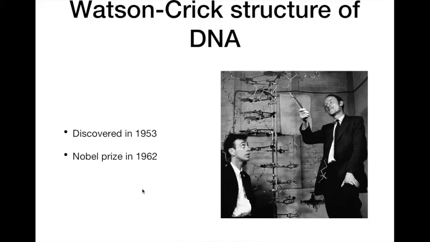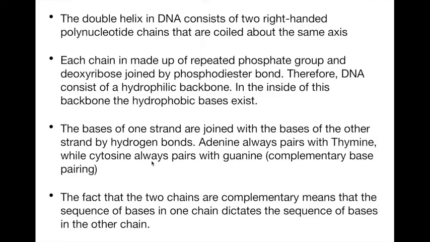In 1953, Watson and Crick, 2 scientists, discovered the structure of DNA, one of the biggest accomplishments of their era in the history, actually, of molecular biology. And they both took a Nobel Prize in 1962.